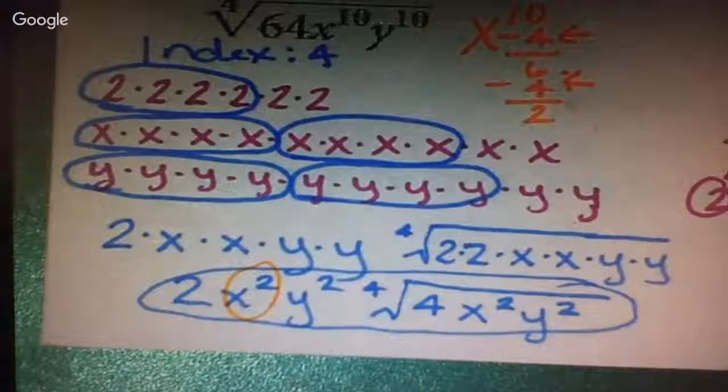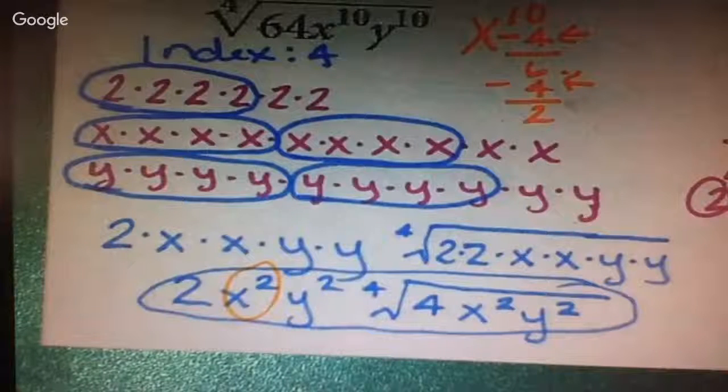In other words, if I have x to the 31st and I'm trying to take the 5th root of that, what's 31 minus 5? 26. Minus 5, 21. Minus 5, 16. Minus 5, 11.